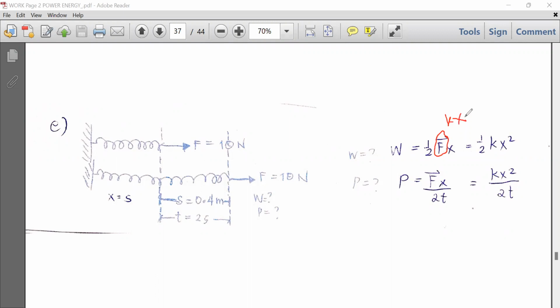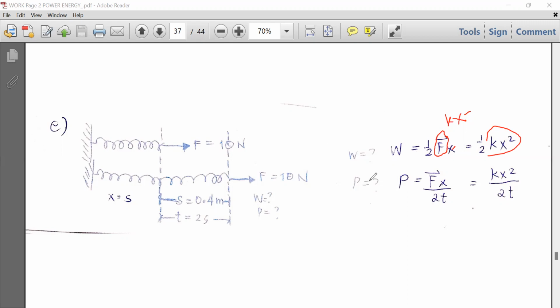So you can substitute kx into the equation and you get kx times x, which gives 1/2 kx squared. So you can get the work done by using the formula 1/2 F times x or 1/2 kx squared.